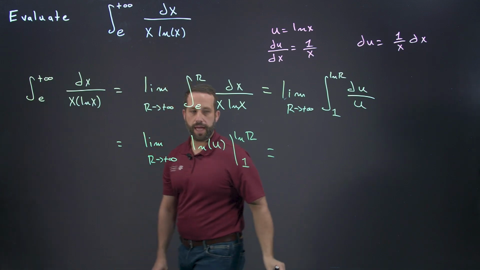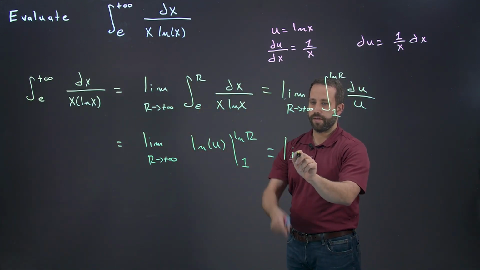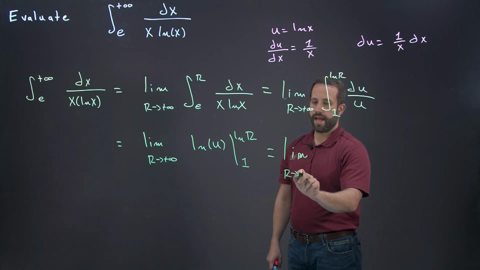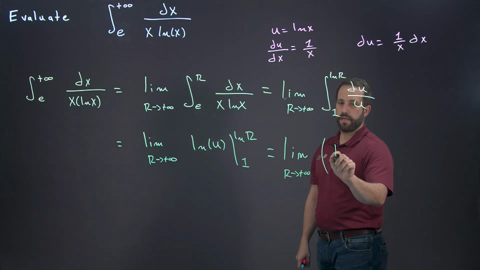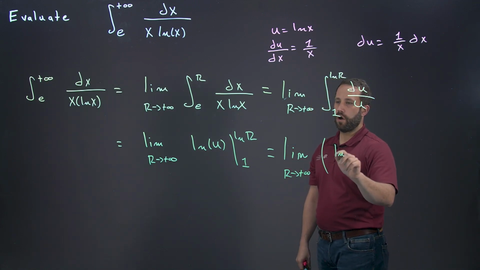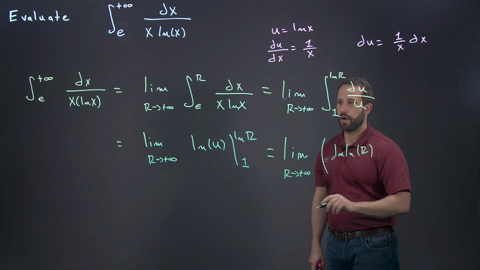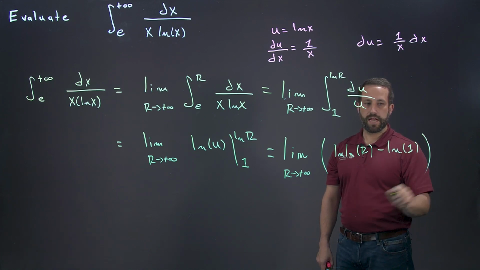And if I plug in my endpoints here, this is going to be the limit as r goes to infinity, and we're going to get natural log of the natural log of r minus the natural log of 1.